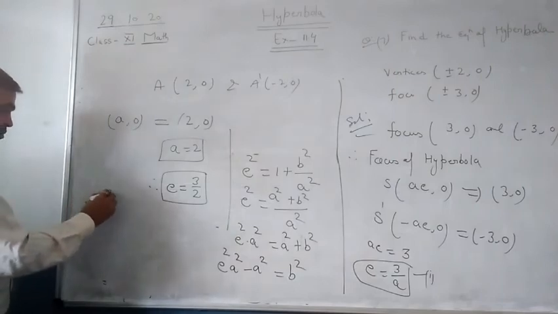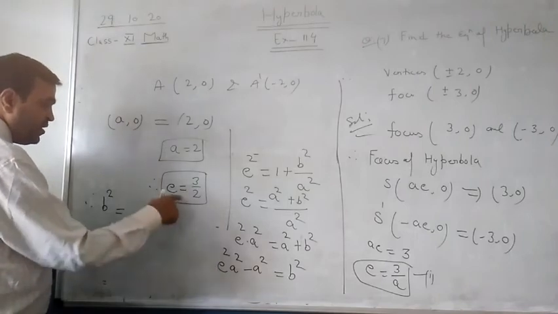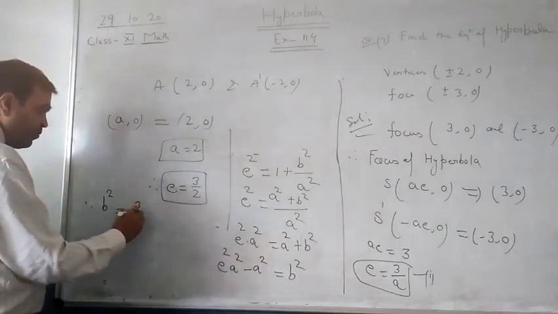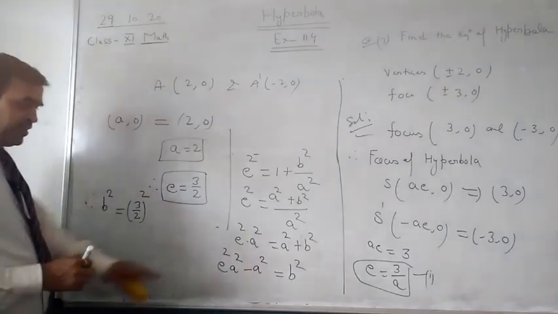Therefore, b square equals e square a square minus a square.